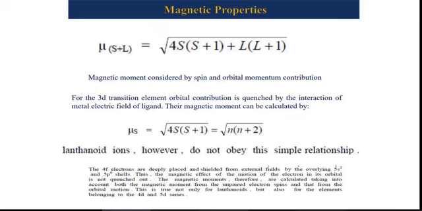I must say that the environmental effect does not participate significantly in the case of lanthanoid. Why? Because the 4f orbital is quite shielded in nature with respect to 3d in the case of transition elements. I mentioned also that the 3d orbital contribution is quenched by the interaction with the field of the ligand. Right? And if you solve this formula, you will come to know that root of n(n+2) is going to be applied in the case of transition elements. So this is the reason which we have discussed just now.